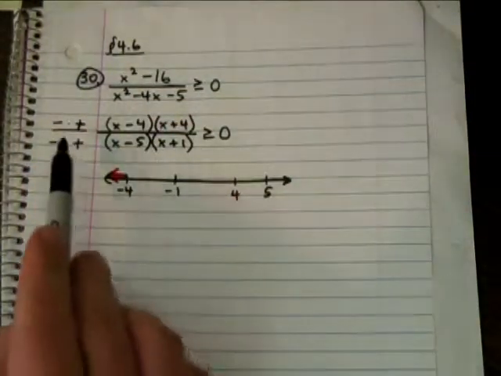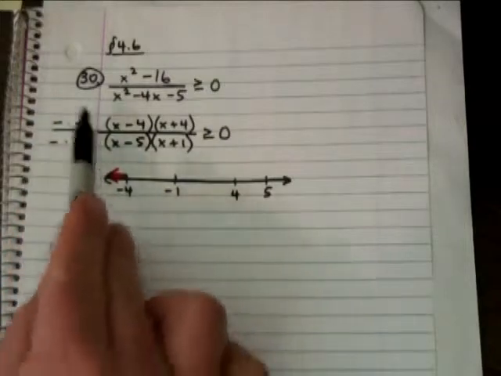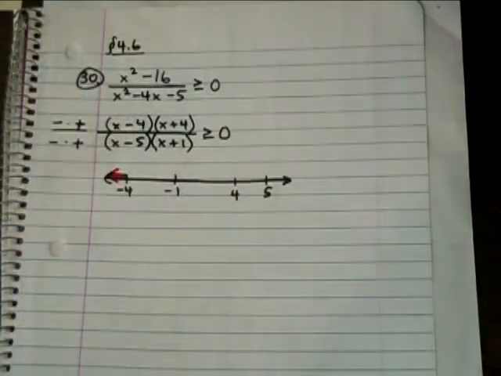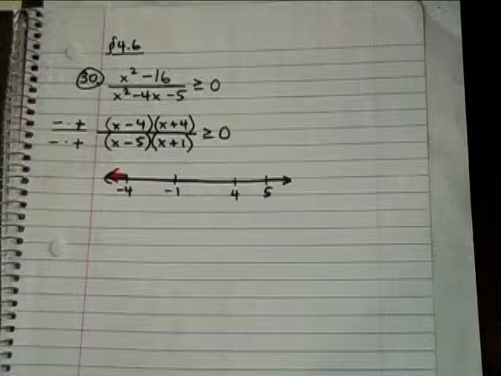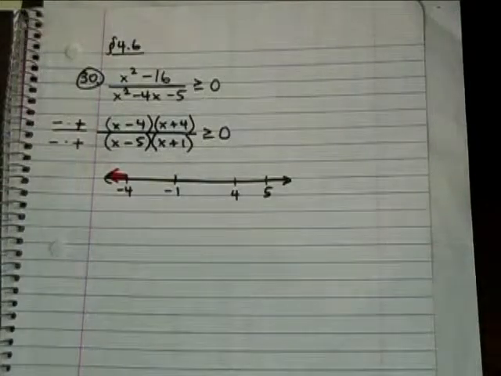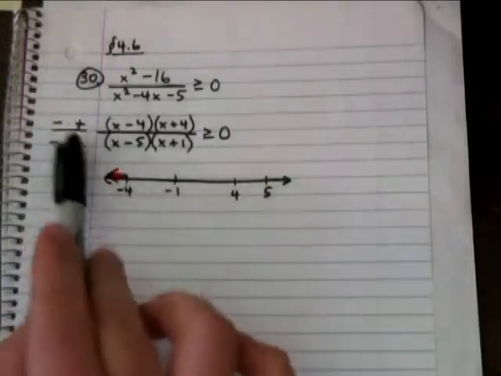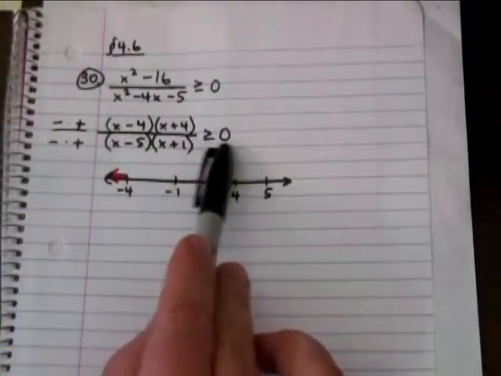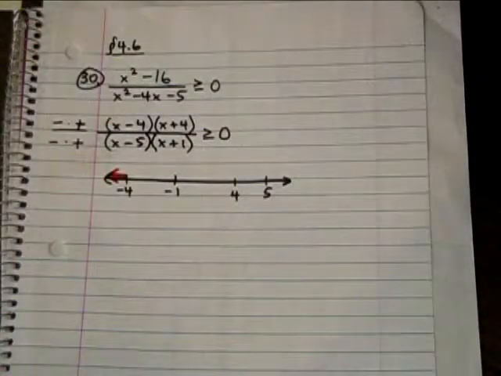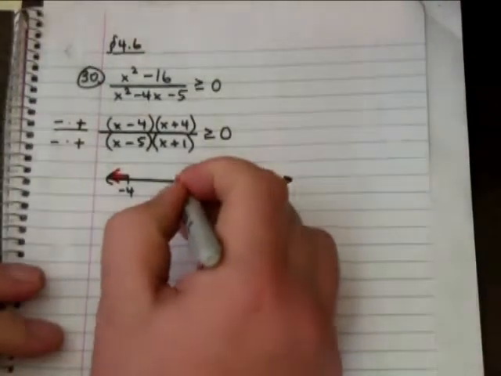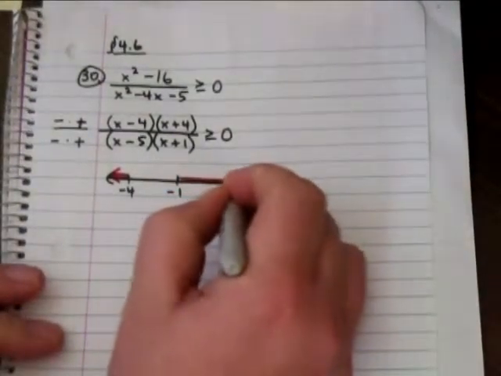So in this particular case, I have 2 negatives and 2 positives that are multiplied and divided together, so then I know the result will be positive, because those 2 negatives will cancel each other. Since that is positive then, it is greater than or equal to 0, so that is what I want, so I will shade that region.